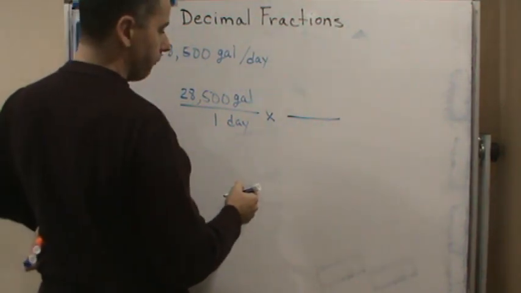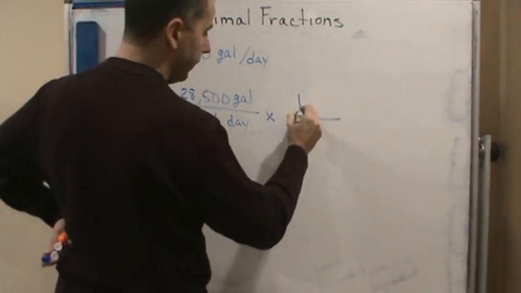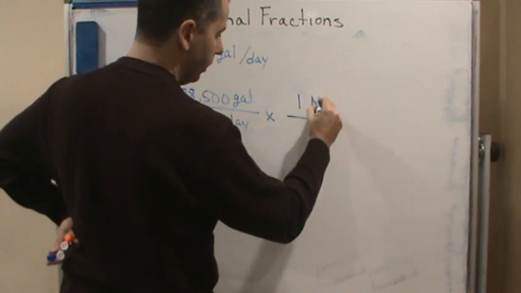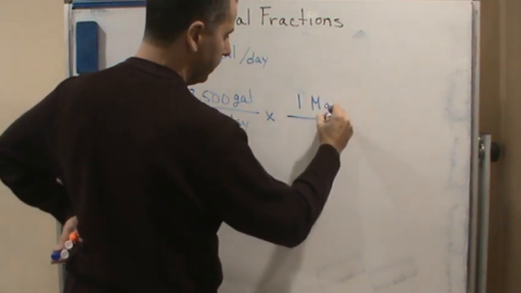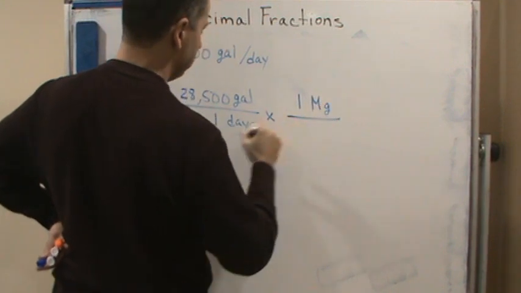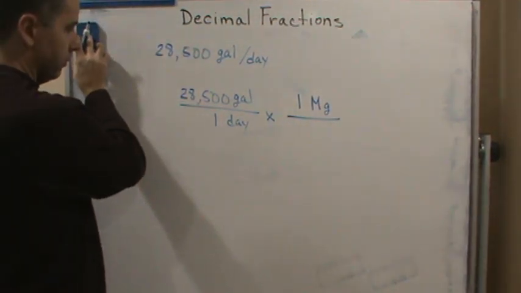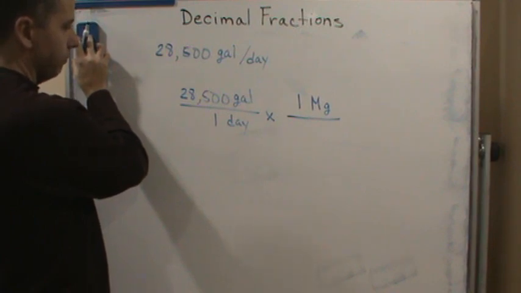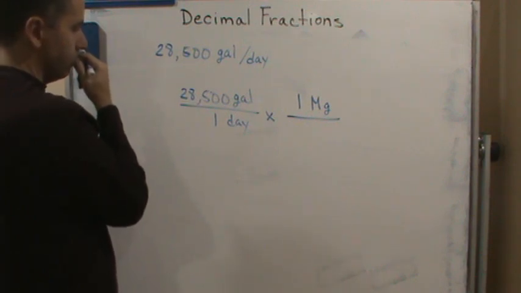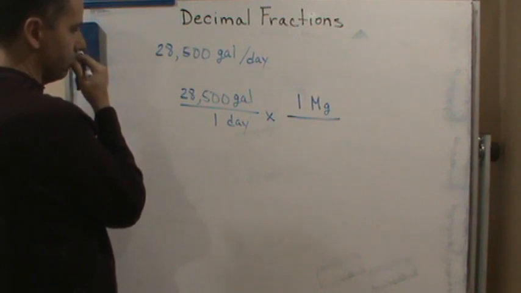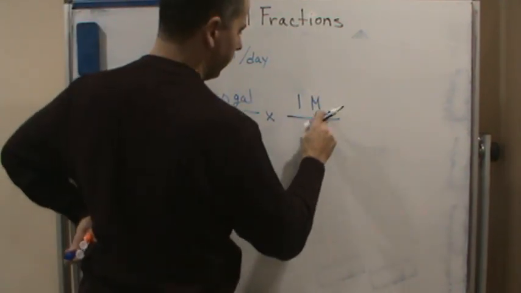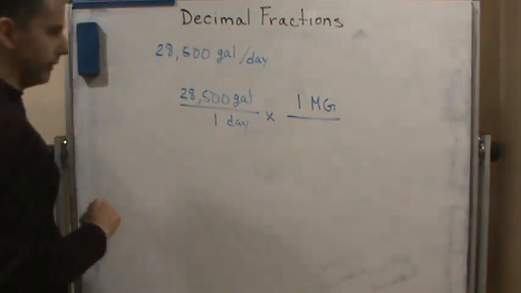Well, 1 million gallons. Oh, how do I want to do this? 1 MG, I'll just call it MG. 1 MG unit, that's what they're using.